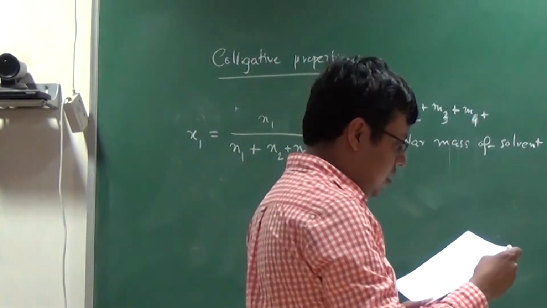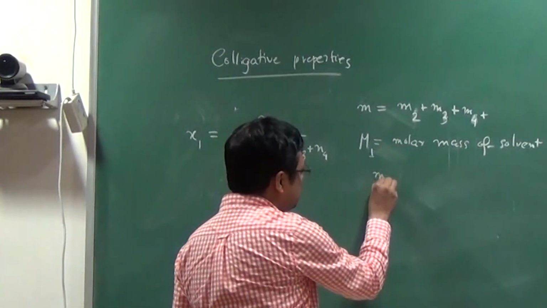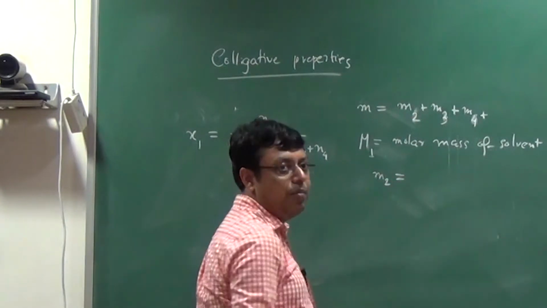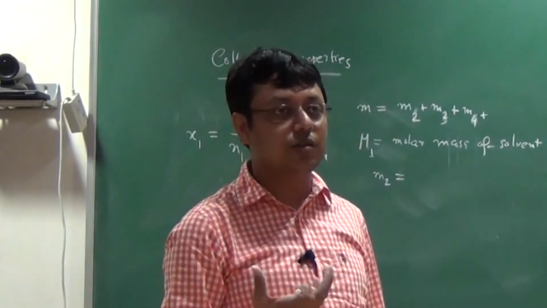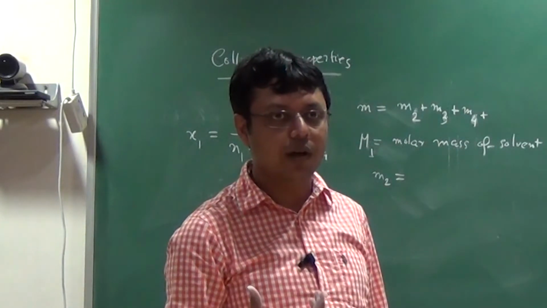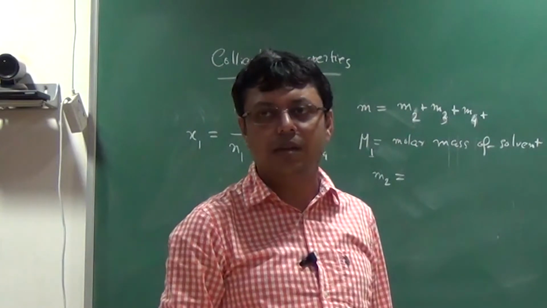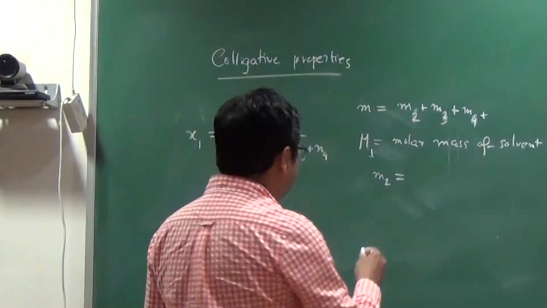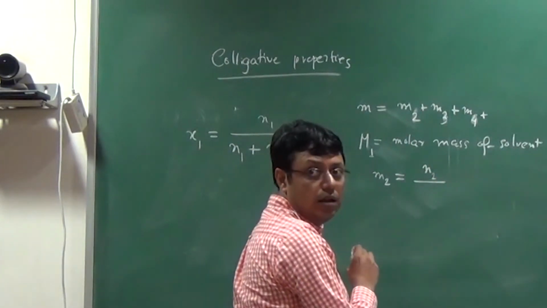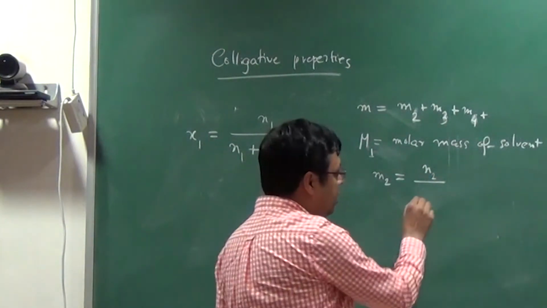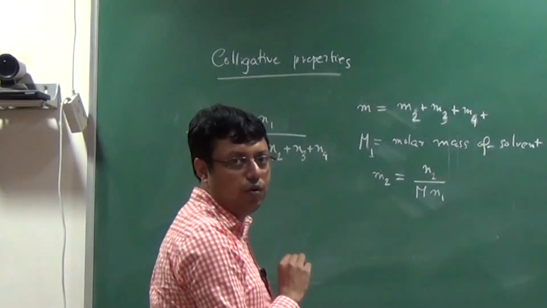So then, just tell me what is m2 by definition. m2 is basically the amount of solute 2 per unit mass, like gram or something like that, right? So, which is basically I have N2, divided by M1 times N1.